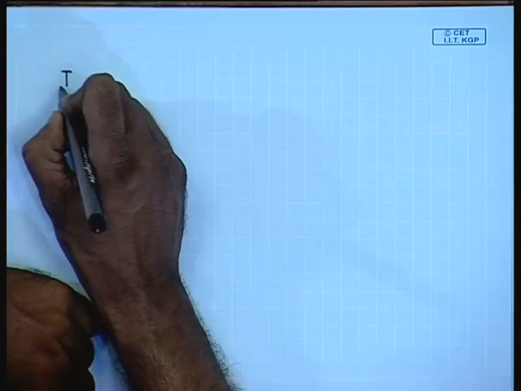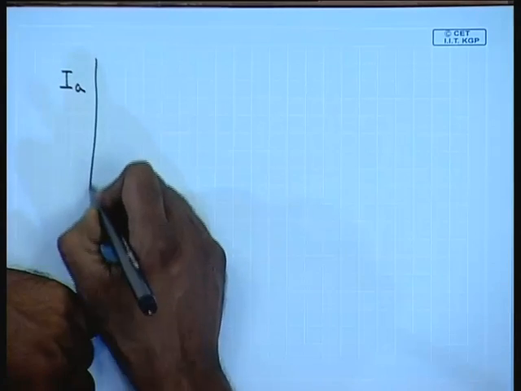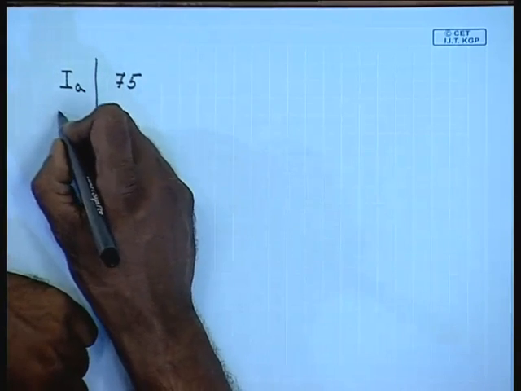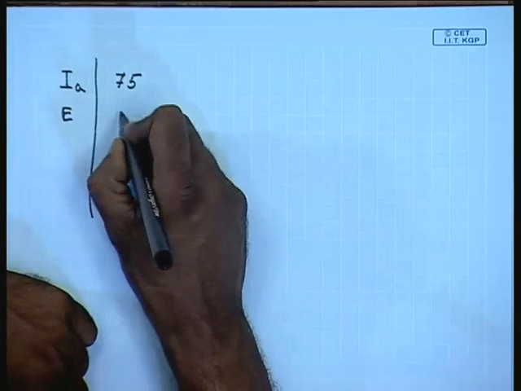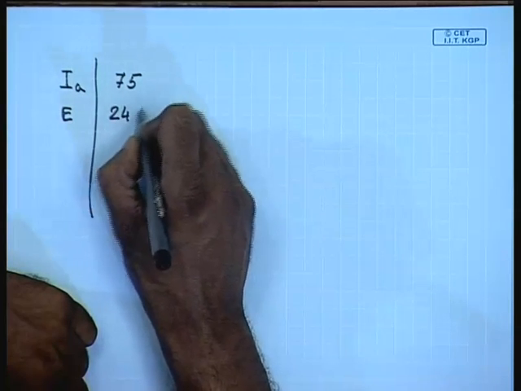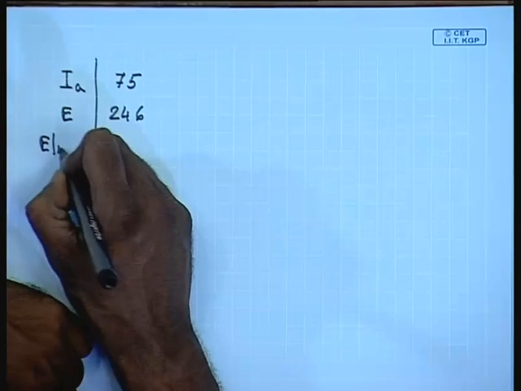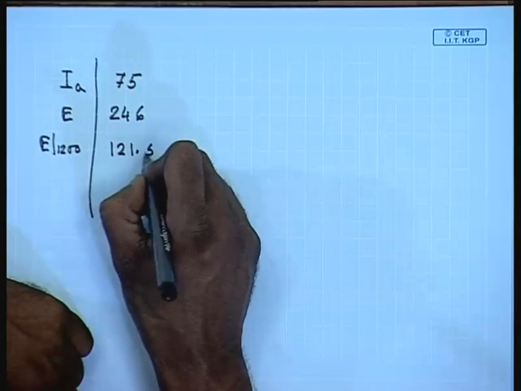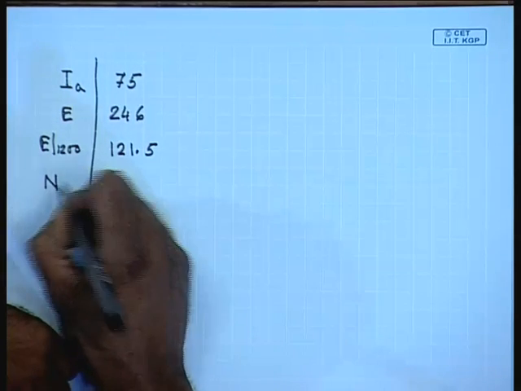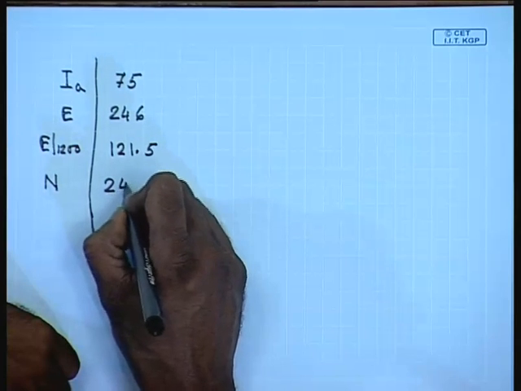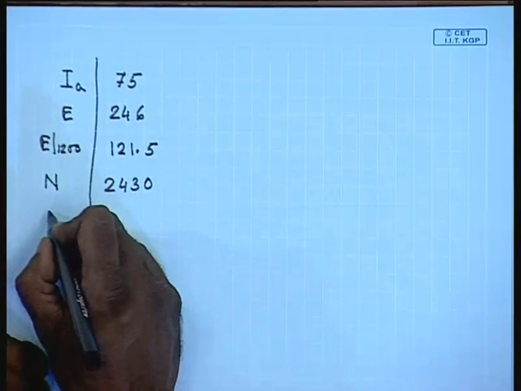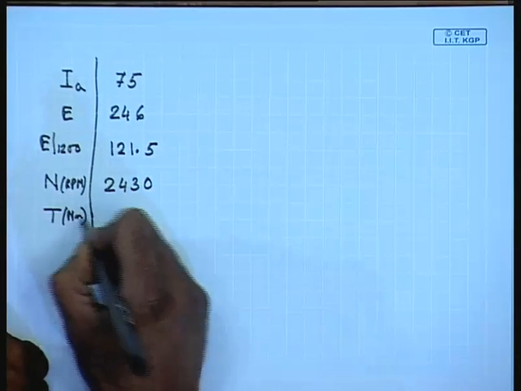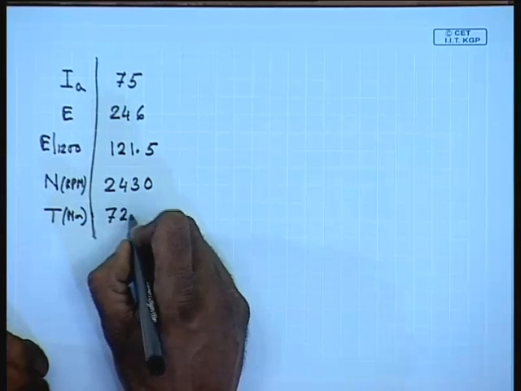So, Ia, we have done it for 75 amperes. E came out to be 246, E at 1200 from the given magnetization characteristics is 121.5, N in RPM comes to 2430 and T in Newton meter comes to 72.5.